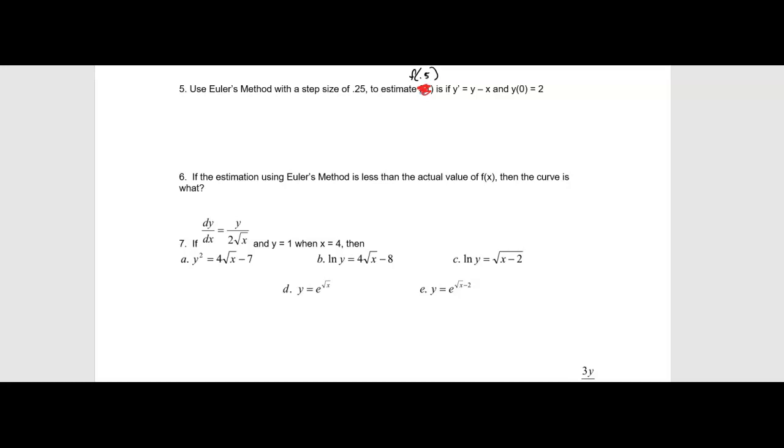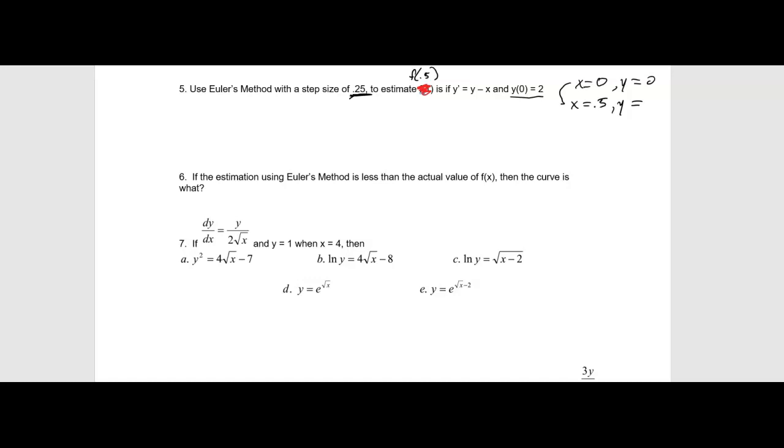That way we understand if we're starting at x equals 0 and we get a y value of 2, that's what this tells us. To go from 0 to 0.5 with this as my step size, I should only need to do 2 of these.